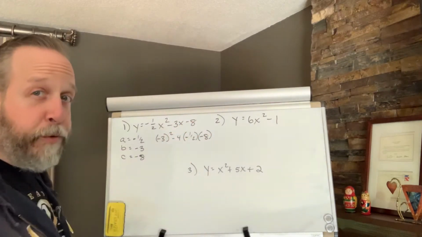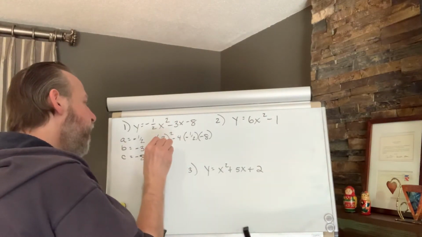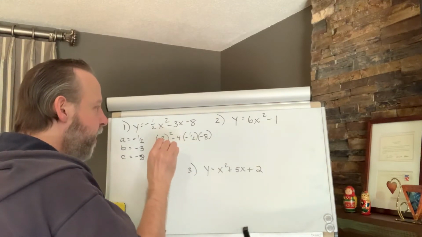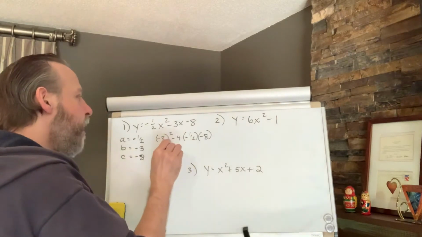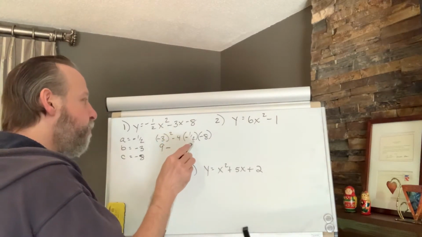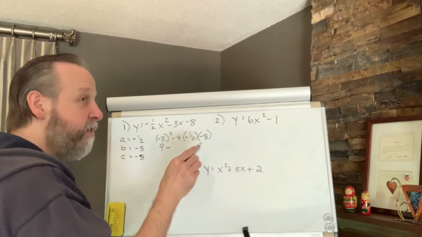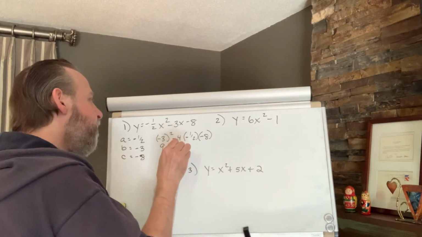B squared minus 4AC. A lot of negatives. Negative 3 squared is positive 9. Now a negative times a negative times a negative is negative. If you can't do that, then just multiply it in order. Negative 4 times negative 1/2 is positive 2, times negative 8 is negative 16. So it's 9 minus 16.